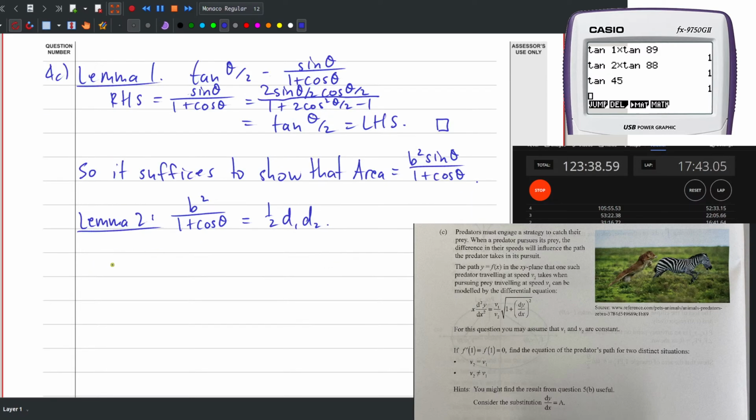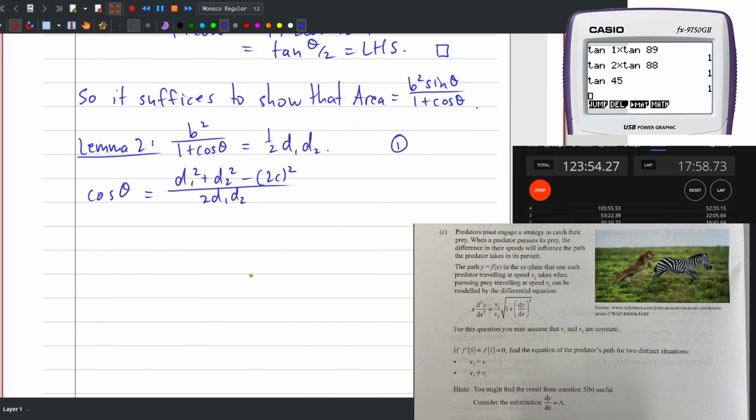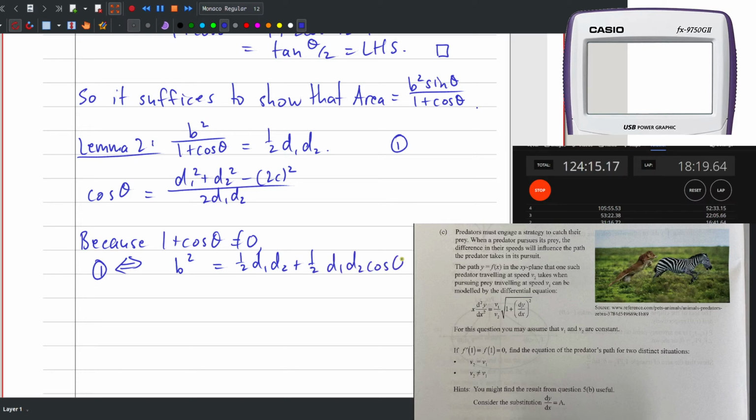And so cos theta is equal to d1 squared plus d2 squared minus 2c squared over 2 d1 d2, right? And then because 1 plus cos theta is not 0, if and only if, we can take it over to a half d1 d2 plus a half d1 d2 cos theta.